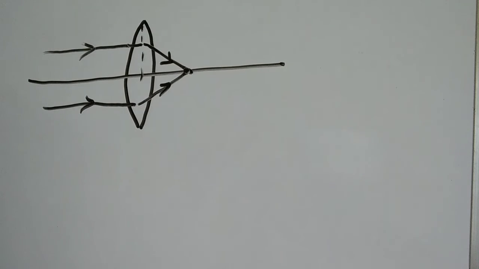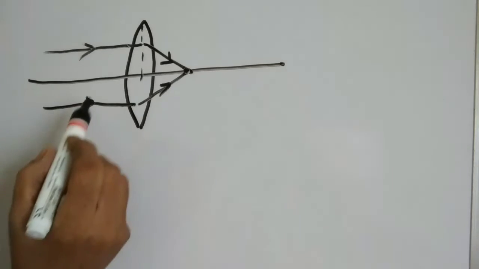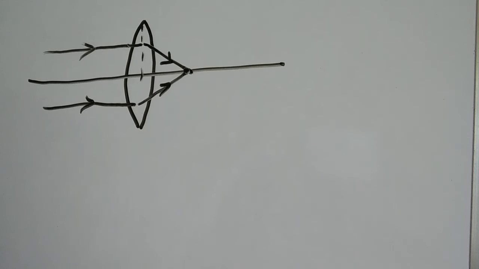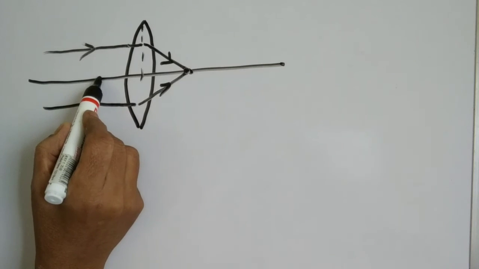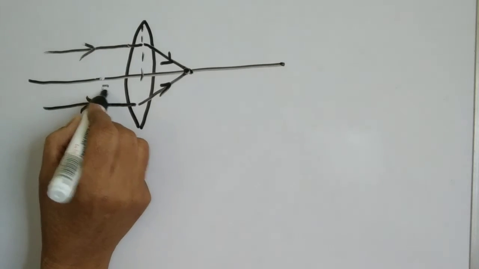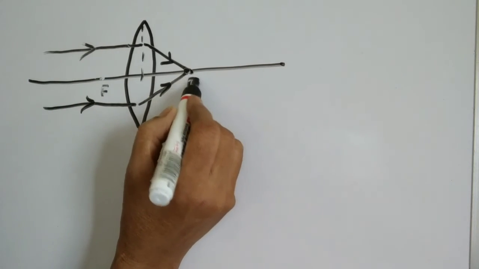But one confusion may arise here: we have discussed 2 foci in convex lenses, right? One is here, the other is here.